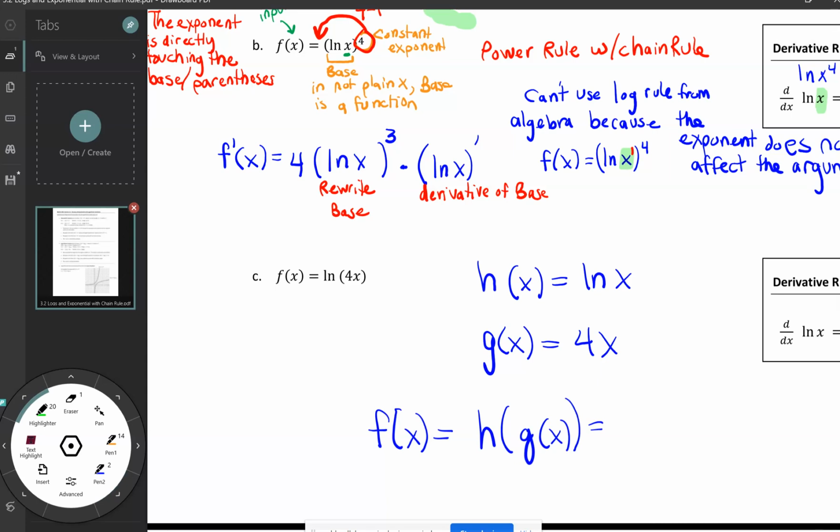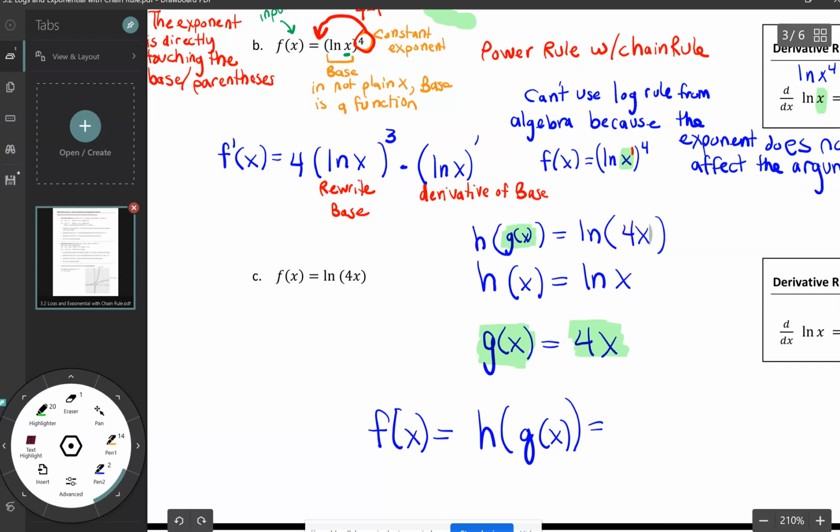If I plug g into h, and g is just the rule for x, then I plug a 4x in there. See how I made this composite function?